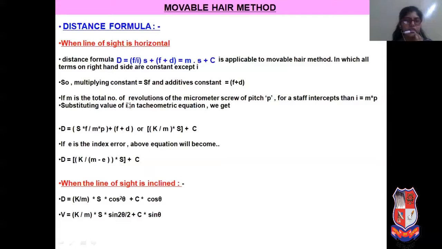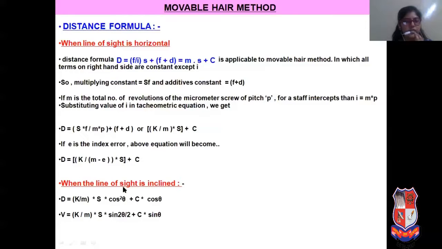If M is the total number of revolutions of the micrometer screw of pitch P for a staff intercept, then i = M × P. Substituting the value of i in the tachometric equation, we get D = Km × S + C. If e is the index error, then we get D as given in this equation.